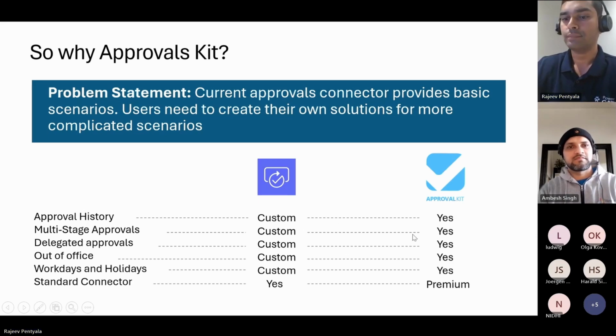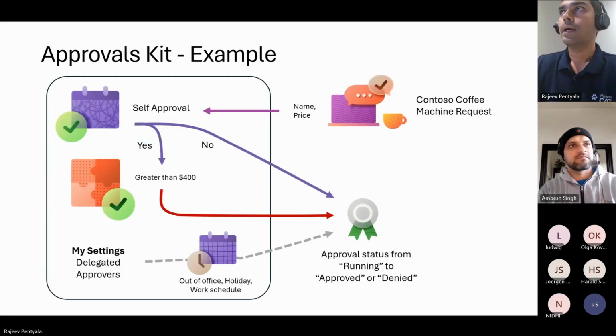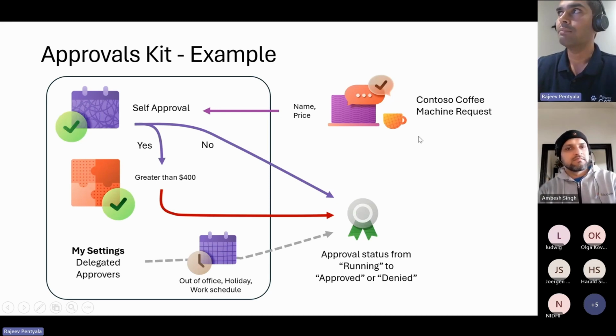Okay, now we're going to start the demo. I'm going to show you how to get started and also how to build a simple approval flow. This is the example I'm going to cover: some request comes in, and here we are going to use one of the built-in apps, the Coffee Machine Request app.